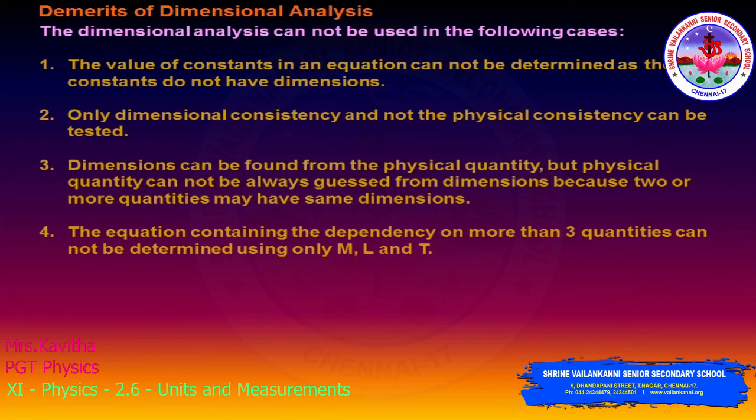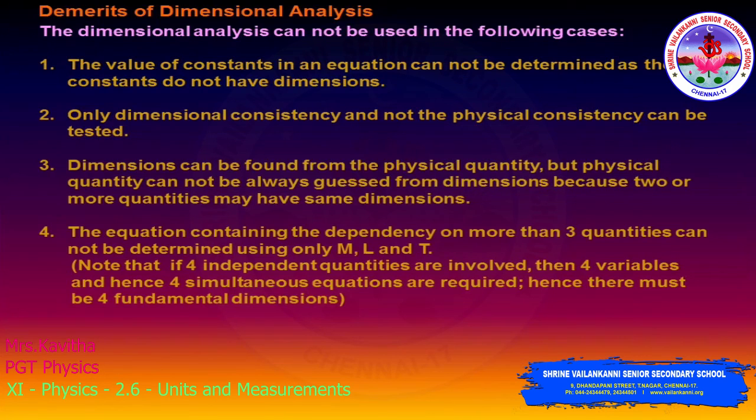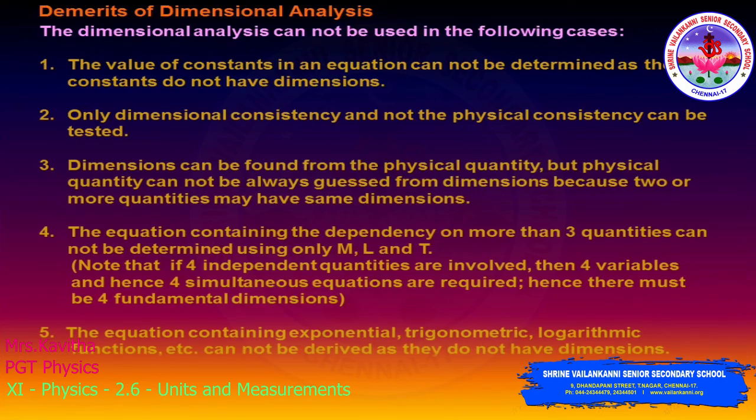An equation containing a dependency on more than 3 quantities cannot be determined using only M, L, T. Note that if 4 dependent quantities are involved, then there are 4 variables, hence 4 simultaneous equations are required, so there must be 4 fundamental dimensions.